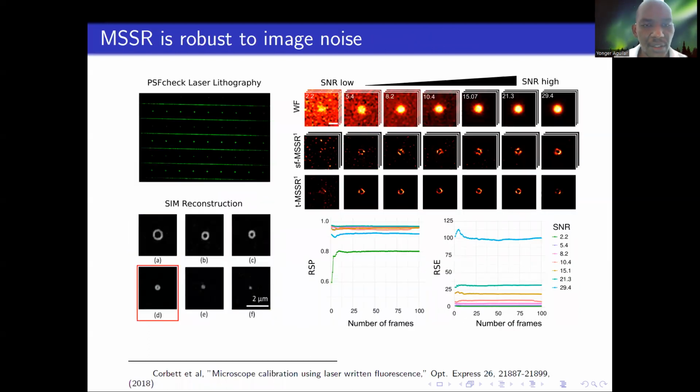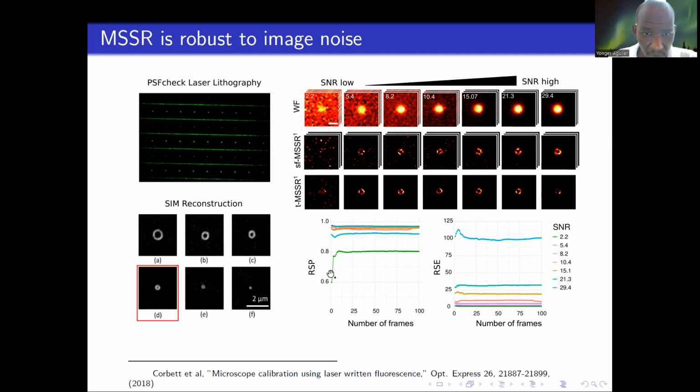Now I'm going to present the robustness test of MEASURE under several signal-to-noise ratio situations. We use a PSF-checker laser lithography sample. The goal is to get a reconstruction similar to a ring. We can see that the application of single-frame MEASURE or temporal MEASURE reduces the background noise, and we get a reconstruction similar to a ring.